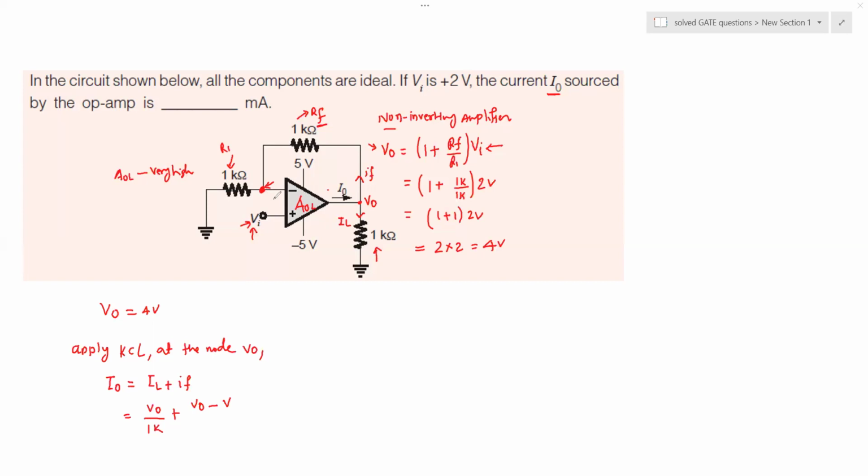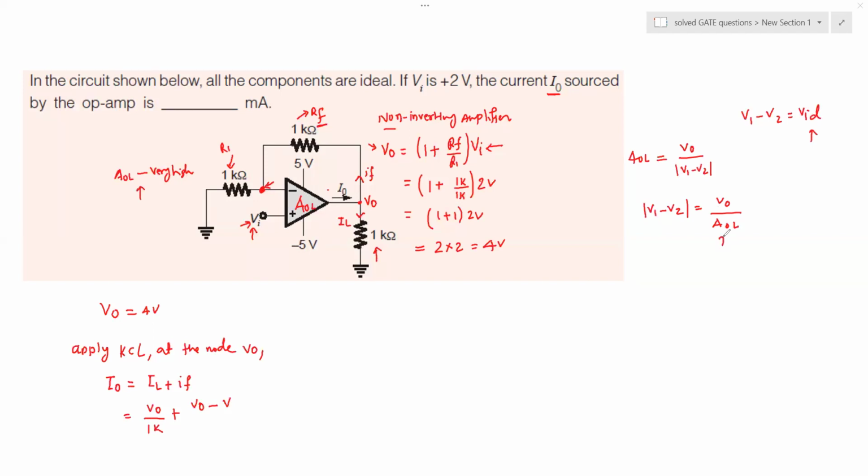Now, what is the voltage at this node? Assuming that AOL is very high, we know that AOL is basically the output divided by the difference V1 minus V2, which is VID, the differential voltage. So V1 minus V2 would be output voltage divided by the gain.